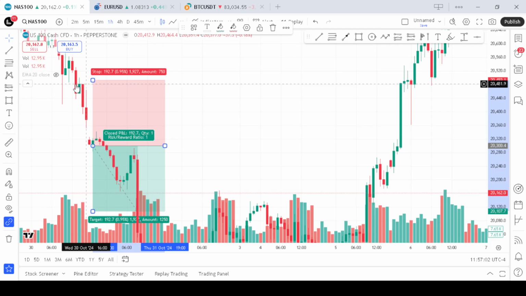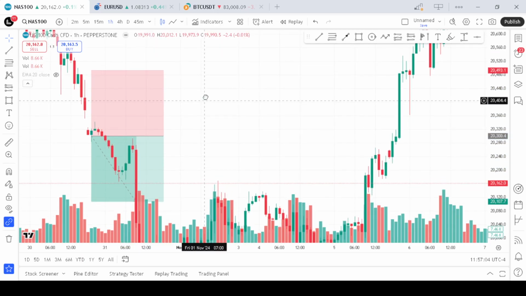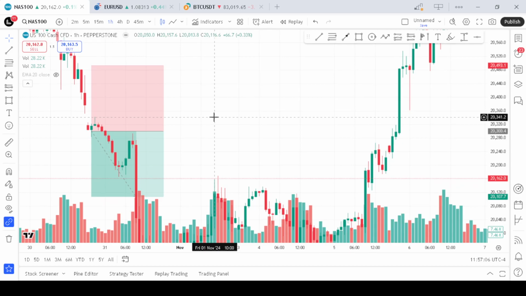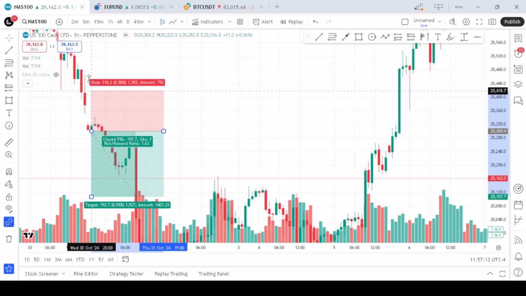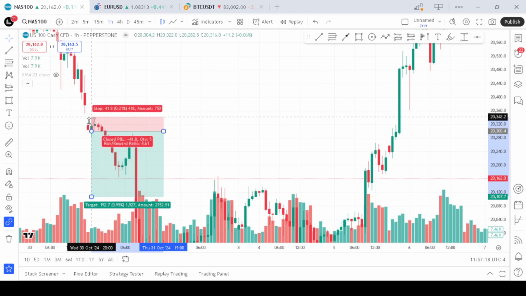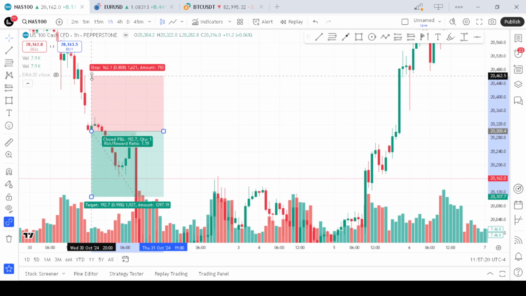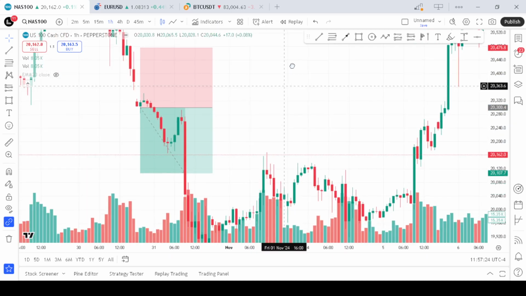For risk management, your stop loss should be placed above the high of the initial bearish candle, the candle that caused the gap. This is the candle whose high you put your stop loss at.